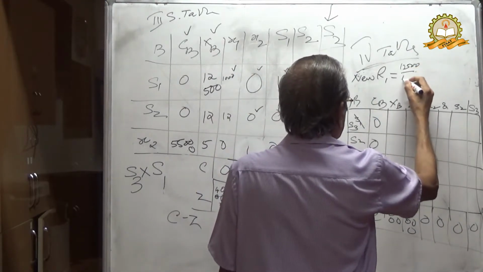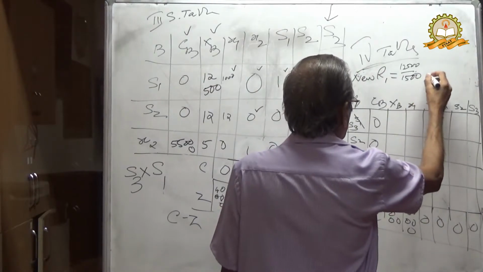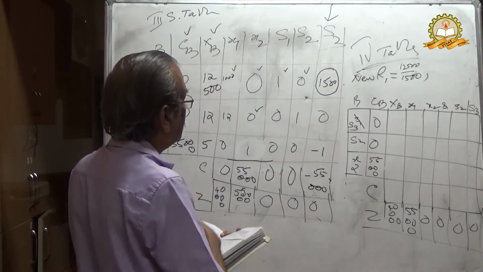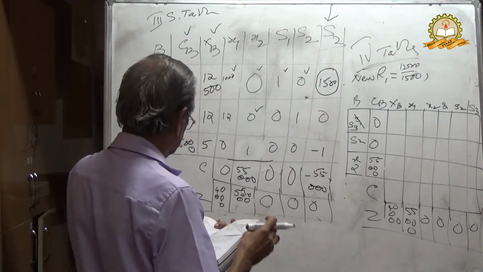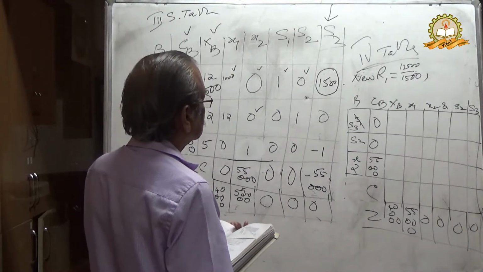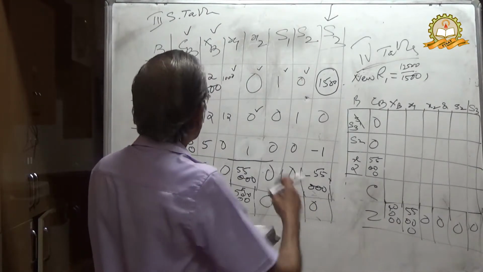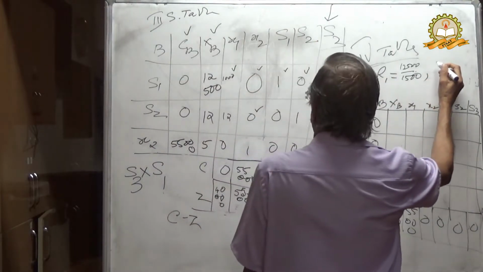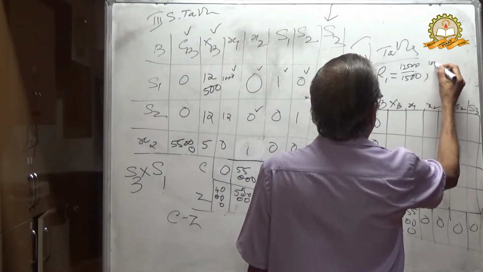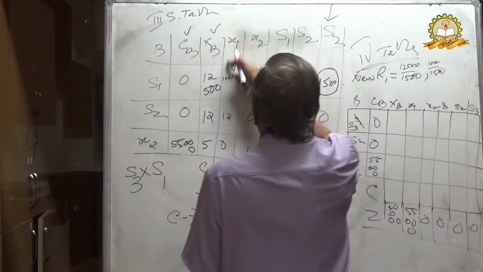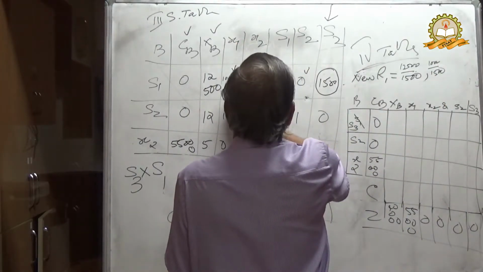Under XB you have 12,500 by 1500, then under X1 you have 1000 divided by 1500.